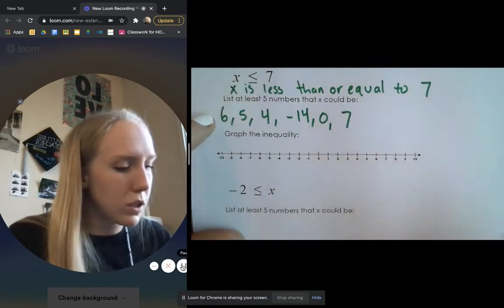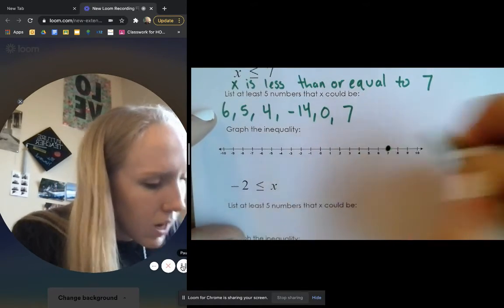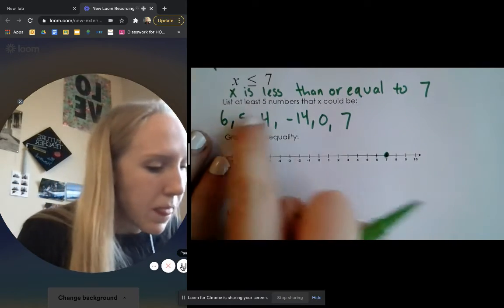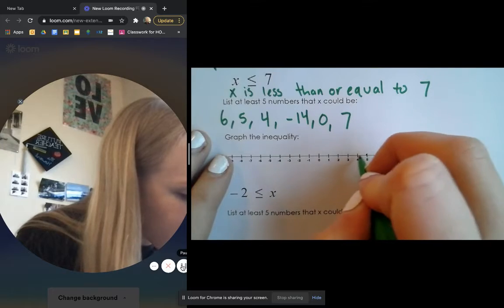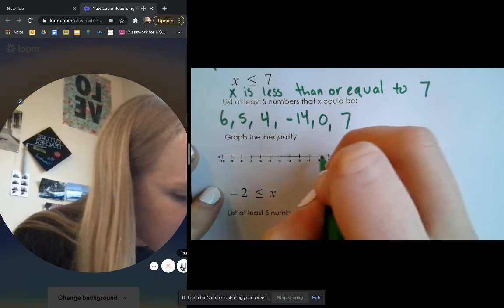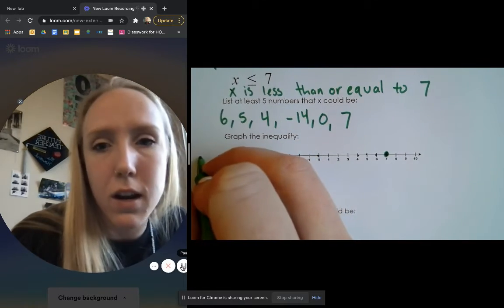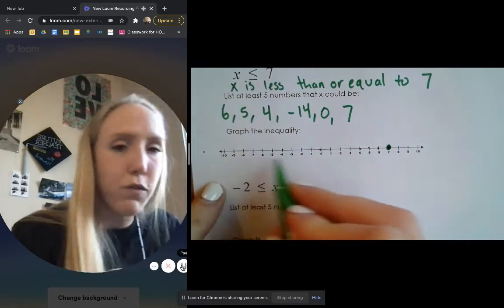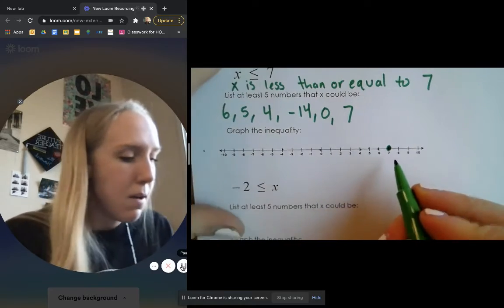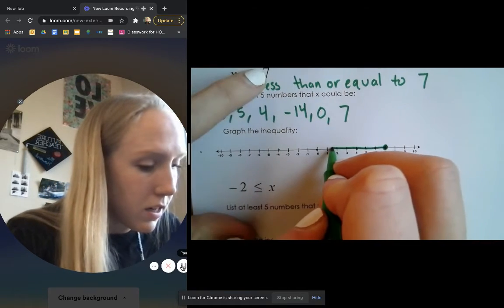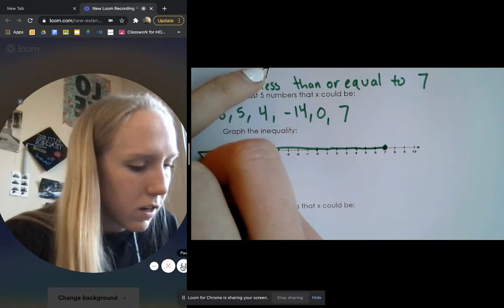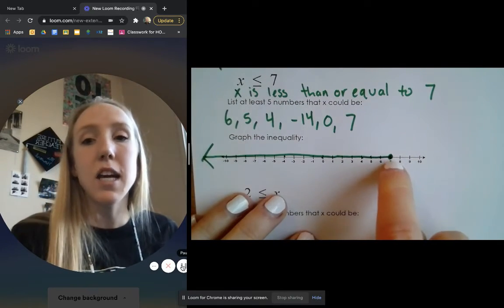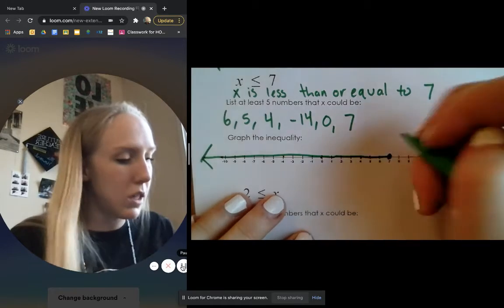So I'm going to put my closed dot right on 7, and then I'm going to think about what all my x values could be. So x could be 6, it could be 5, it could be 4, it could be negative 14 way down here, it could be 0, it could be all these. So if I filled in all of the values that it could be, I would have a solid line going to all the numbers less than 7, and it could also be equal to 7. That's why we have a closed dot.